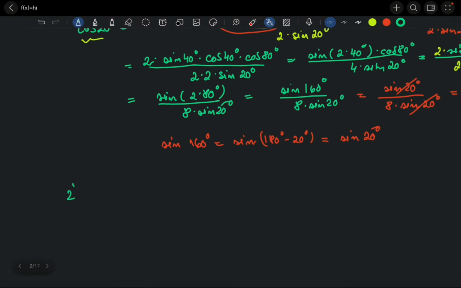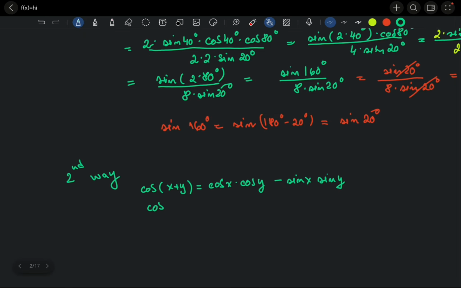Now for the second way, we are going to use the product to sum formula for cosine. And what's that, some of you may ask? Well, let's start by looking at the cosine of x plus y, which we know is equal to cosine of x times cosine y minus sine x sine y.